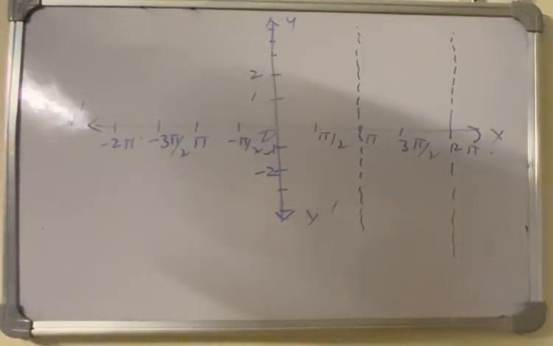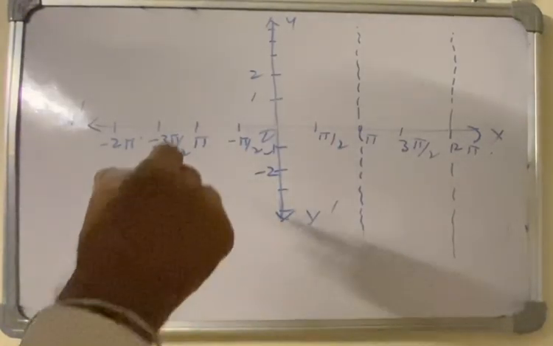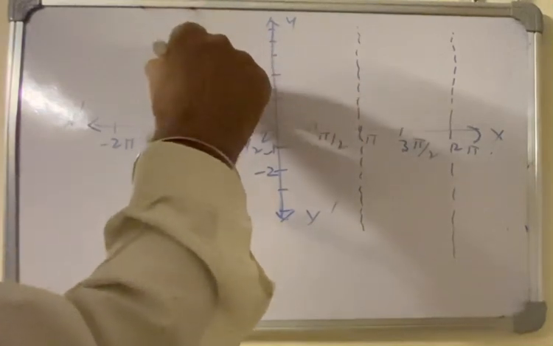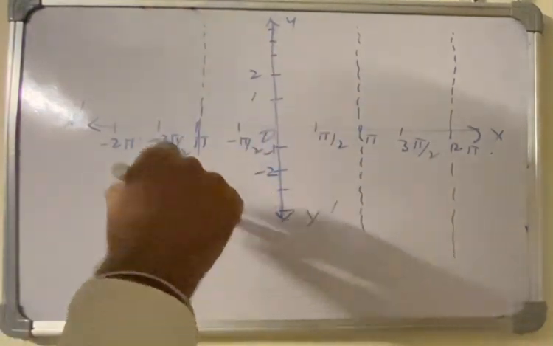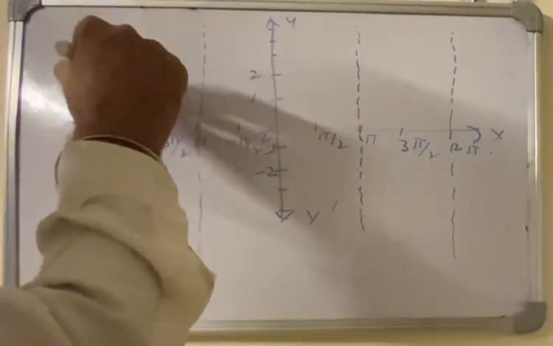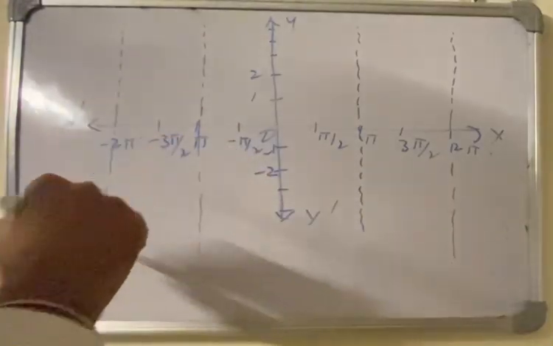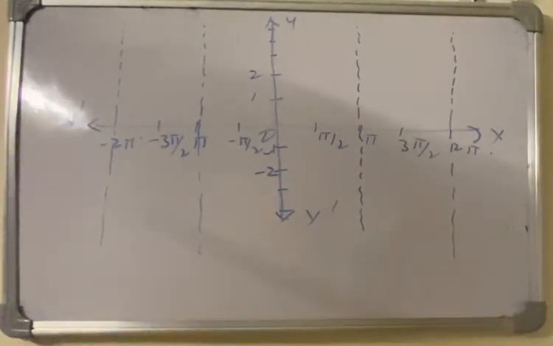also line through minus pi parallel to y-axis, and through minus 2 pi parallel to y-axis.